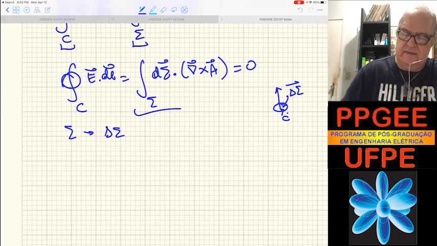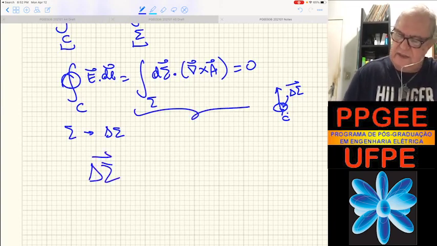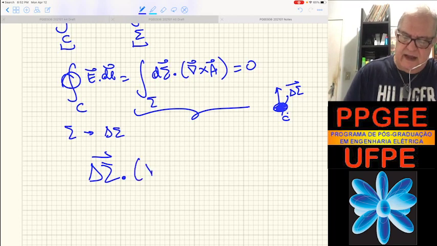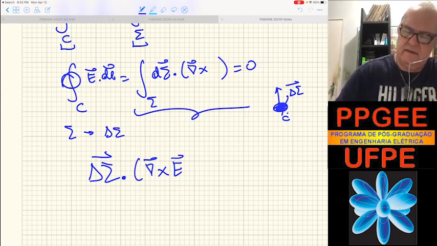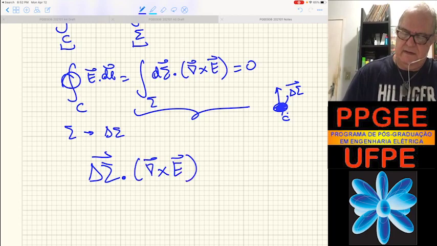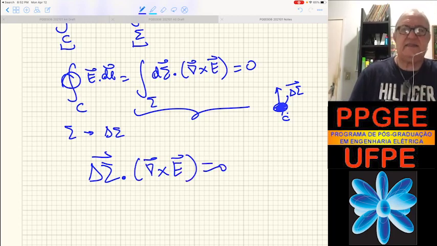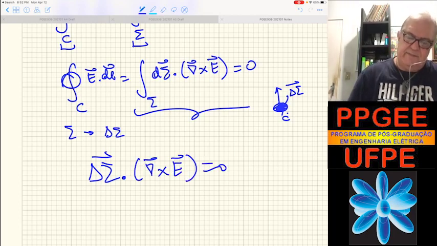So this becomes the dot product between the area itself, delta sigma, times the curl of E, equals 0, and this is independent of the choice of delta sigma.